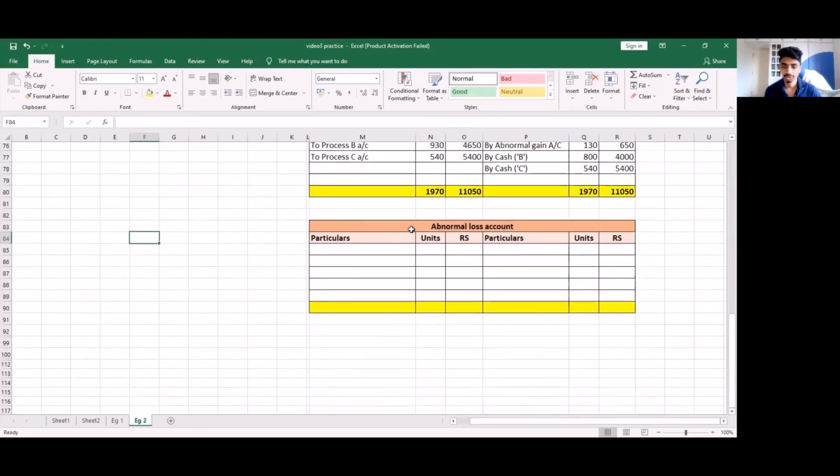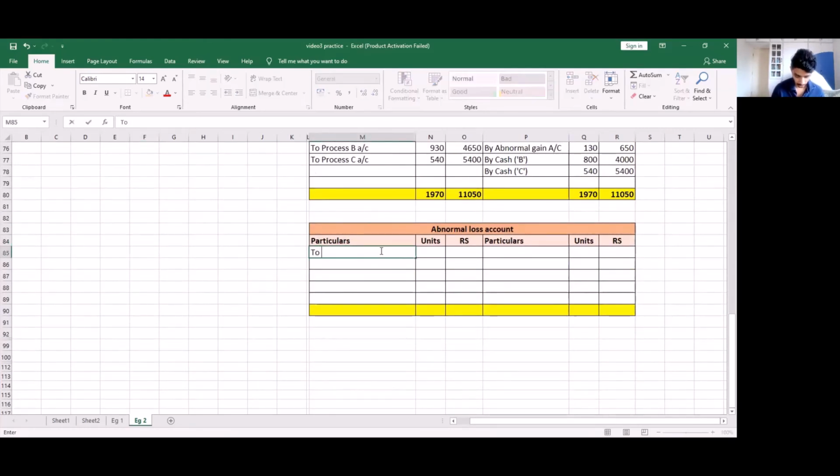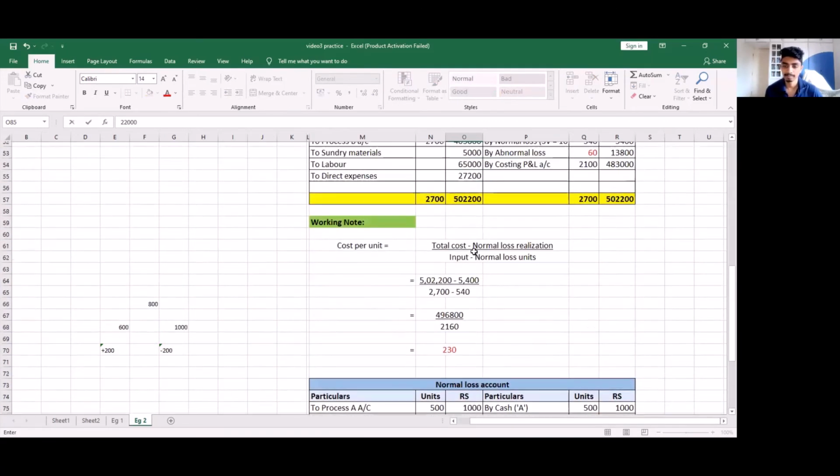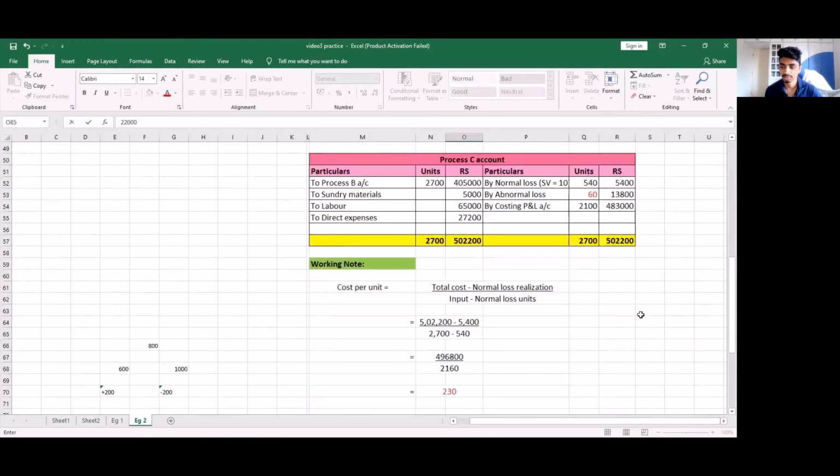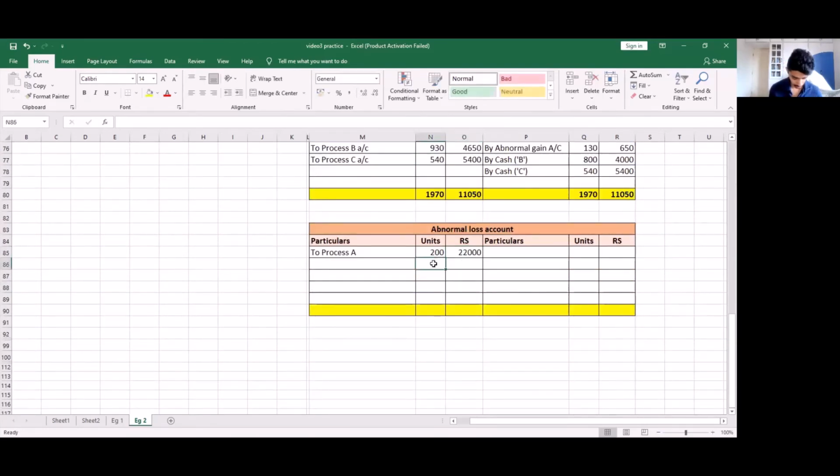So this we will show on the debit side as to process A, 200 units valued at 22,000. Next, in process C, we have an abnormal loss of 60 units valued at 13,800, and this will go in to process C.